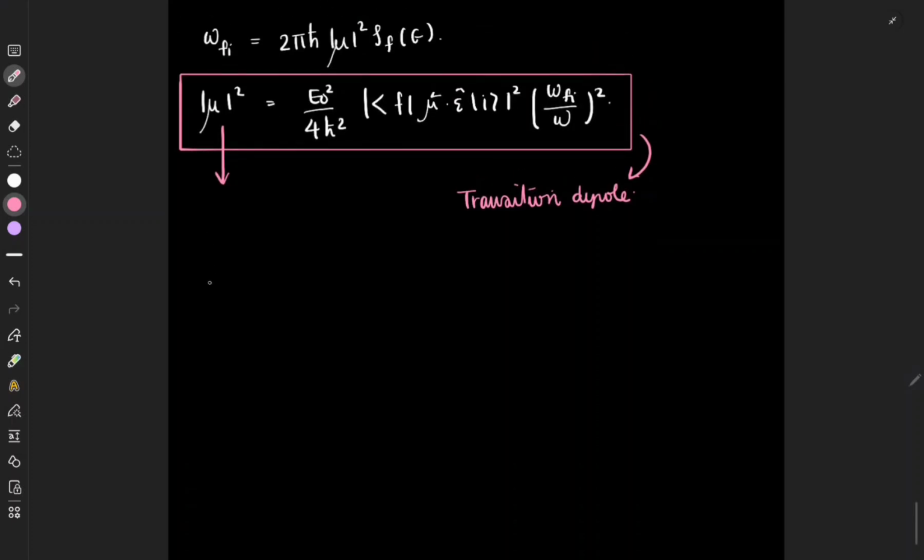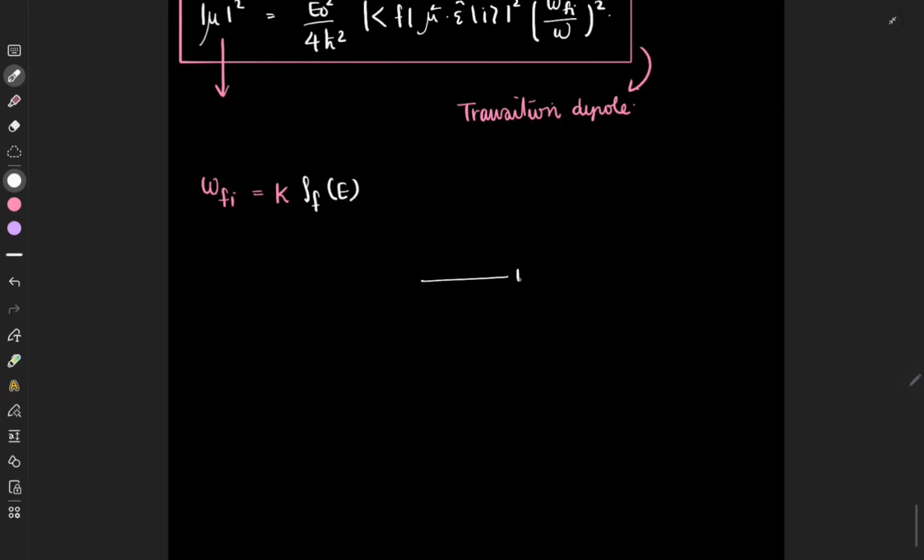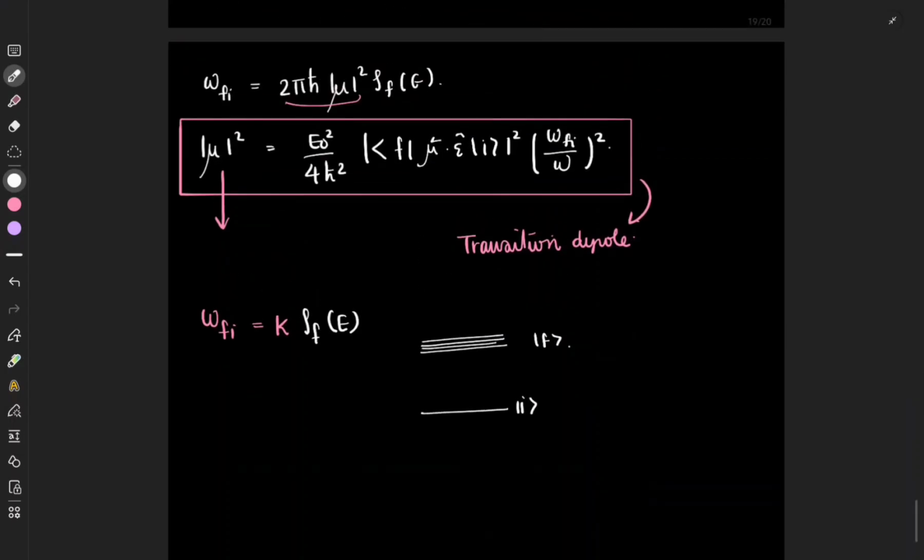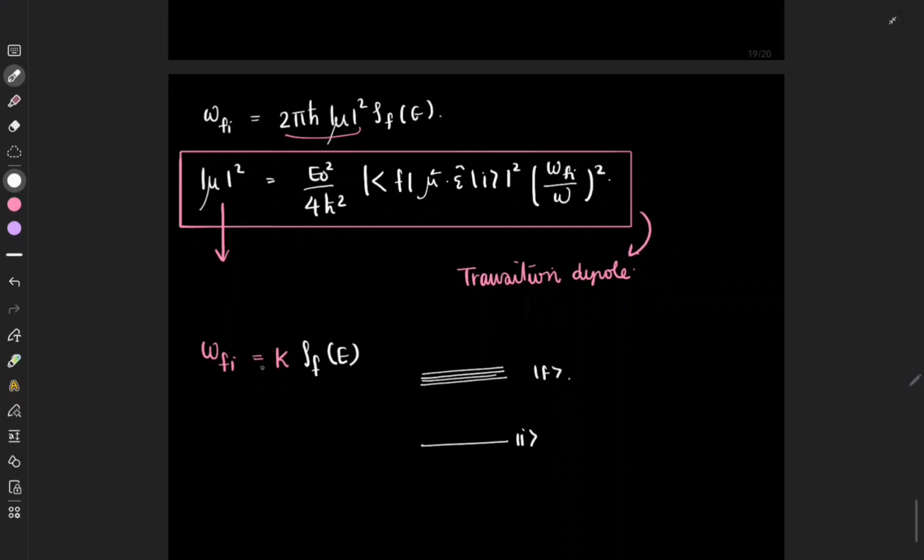So we can say that omega fi is equal to k. These things are constant, so we can take it as k, and the left out term is rho f of E. So we can say that from ground state to final states, the rate of absorption, that is omega fi, depends on density of states.